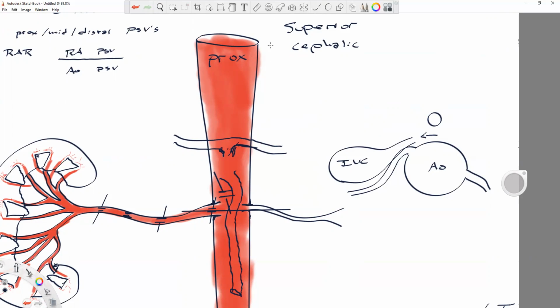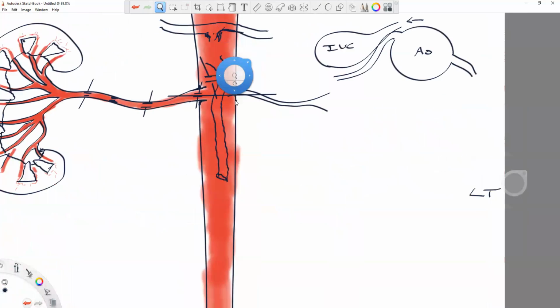Cephalic is the same thing, but I tend to use the word cephalic when I'm talking about moving in a direction. So move cephalic. Cephalic just means head, so that's the same thing.